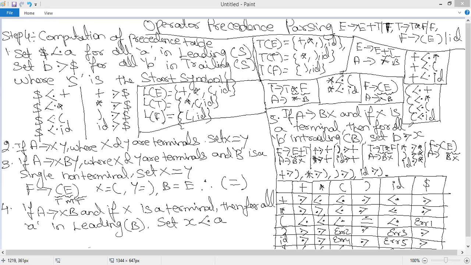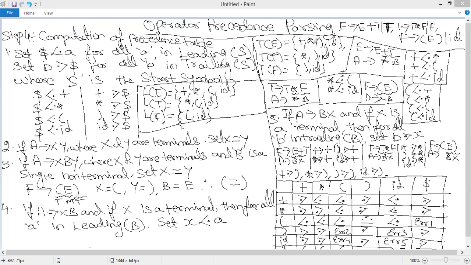And what is another production rule? F tends to open parenthesis E close parenthesis. Here again it can be mentioned with A tends to BX, where the non-terminal E will be mentioned as B, and the terminal close parenthesis will be mentioned as X. Now we have to identify trailing of B, that is trailing of E. What is trailing of E?